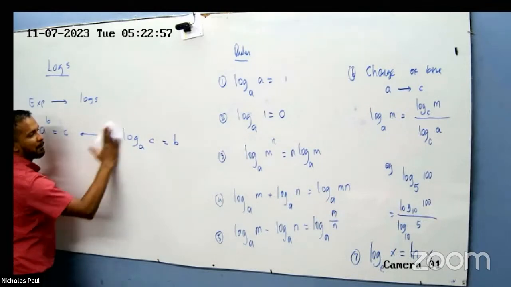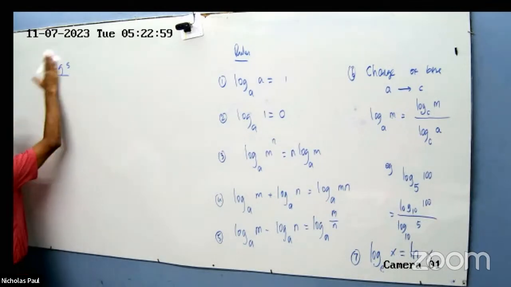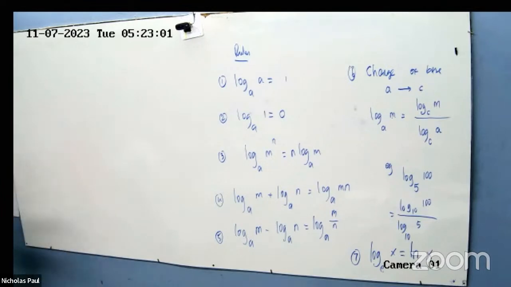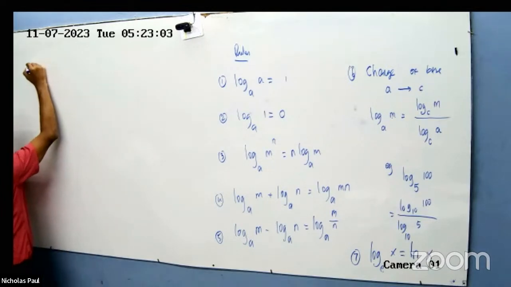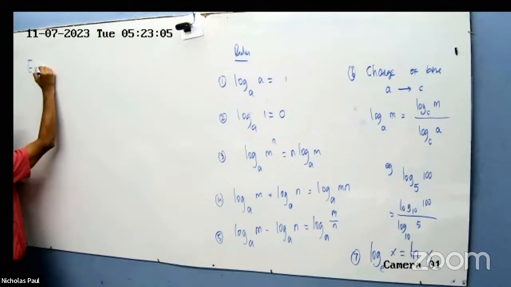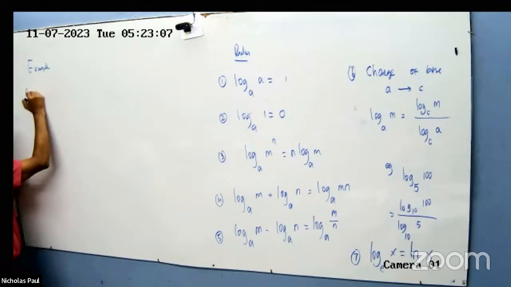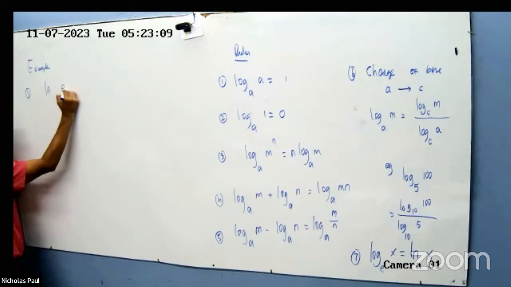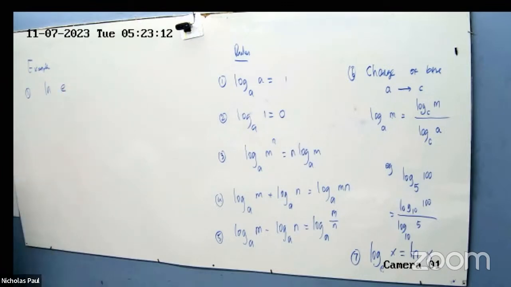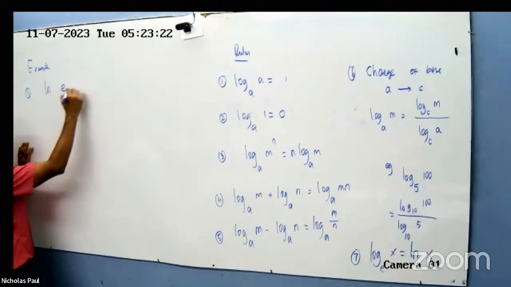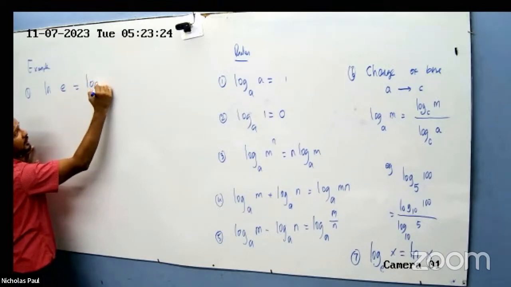Most people might be familiar with simplifying log, but maybe not ln, right? So let's start here. What do you think is ln e? What do you think is ln e? Yeah, 1. All right, very good. Aryan said that ln is log to the base e.